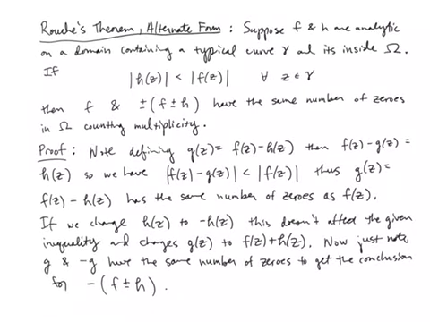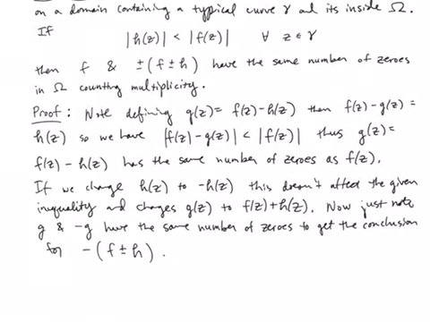It might be helpful to keep the man with a dog on a leash metaphor in mind here. The original version of Rouche's theorem is that f minus g is less than f. In this case, this is like the distance between the man and the dog, and this length of f is the distance from the man to the tree.